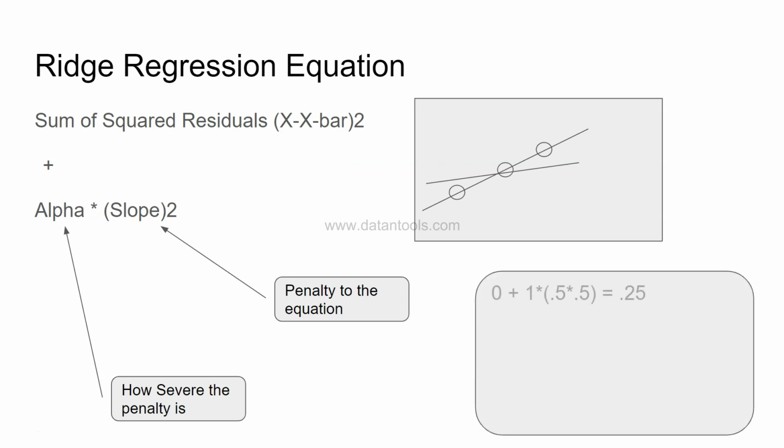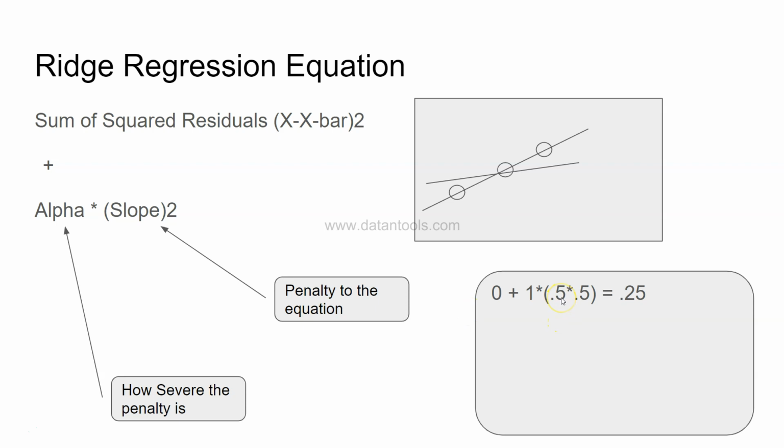So if we see the new equation, the sum of squared residuals in case of a standard line chart will be 0, because all of the data points are coming over the line. So the sum of squared residuals is 0 plus 1 multiplied by slope square.